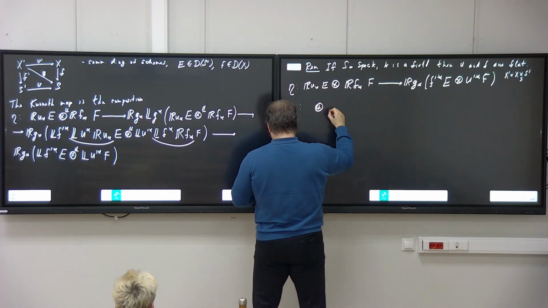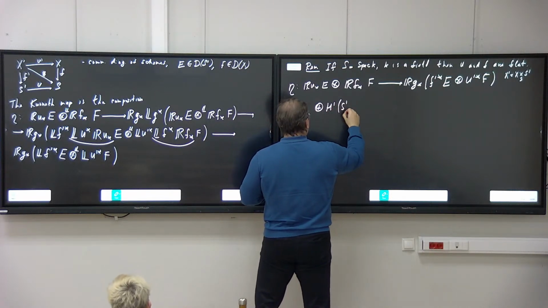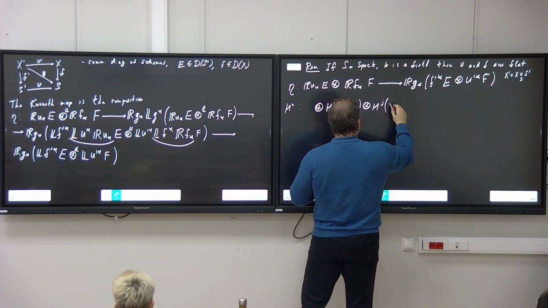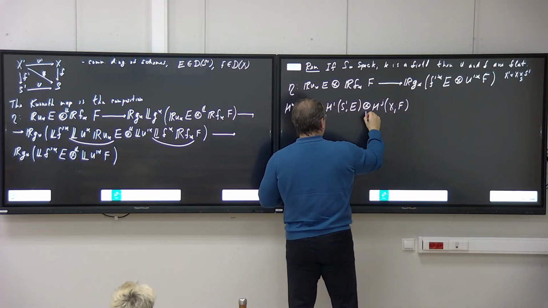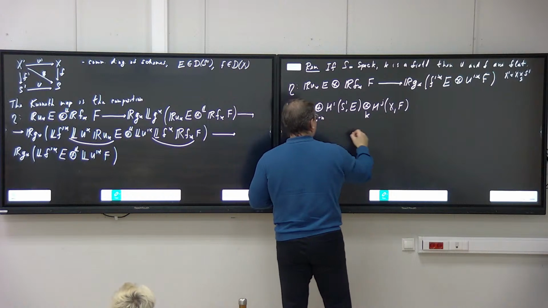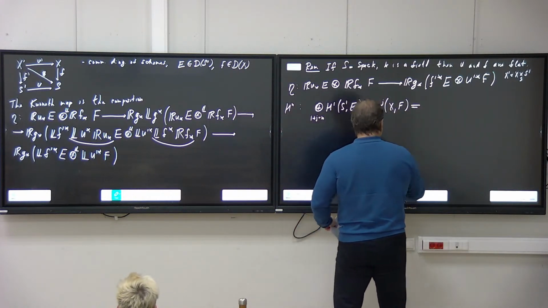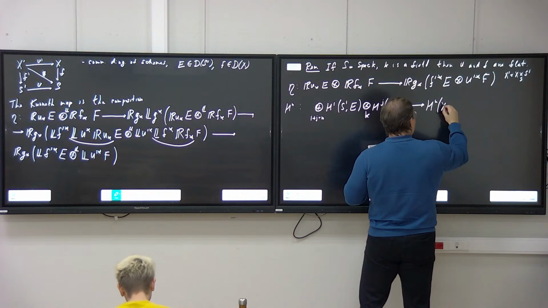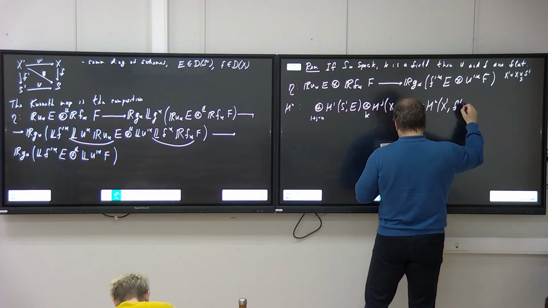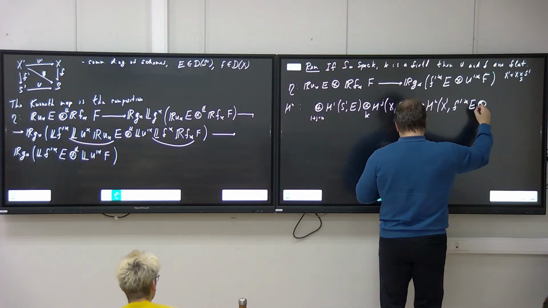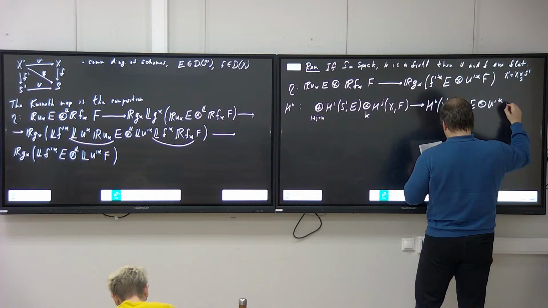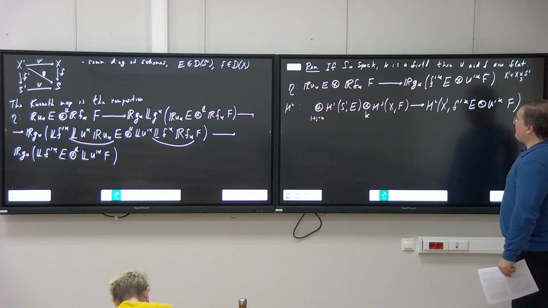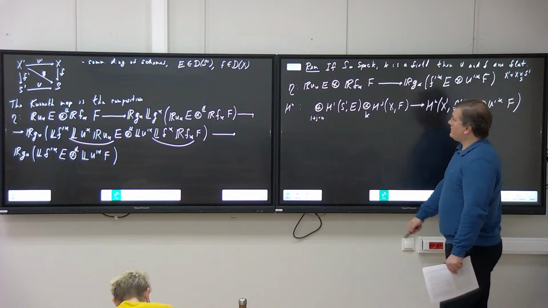I'll get the direct sum of the H_i of S prime, E, tensor product, homology with the index j of X, F. So tensor product over the field k, where i plus j is equal to n, and this will be a map to the H_n of X prime, F prime upper star of the E tensor product the U prime star the F. Of course, in this case, there can be a direct product.